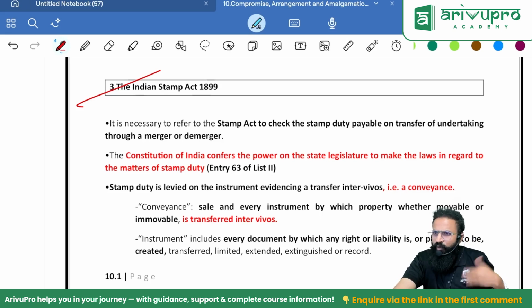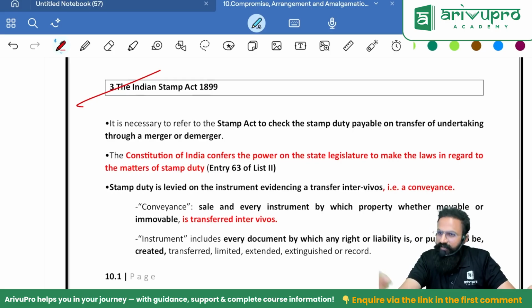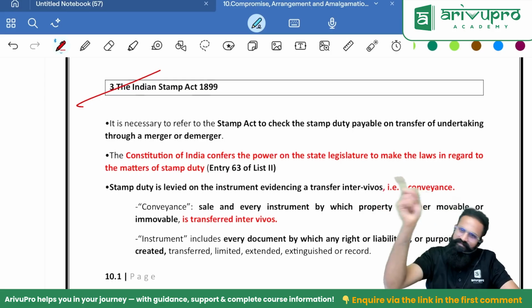Generally I told you debenture trustees are always banks only. If you're appointing that, then the relative definition will not come into picture. But when one company is being appointed in another company, then the related person will come into picture. Then my director, your director might be common. It is considered as a related party.